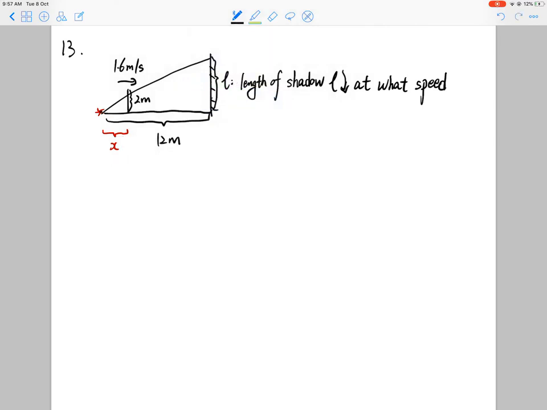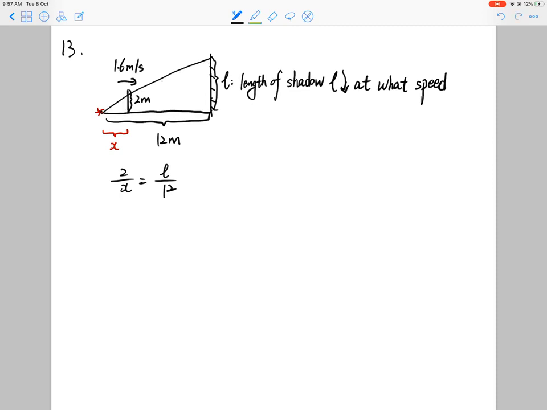How can you use an equation to connect them? We've realized there are similar triangles. So 2 over X should be L over 12, because these two are similar triangles.